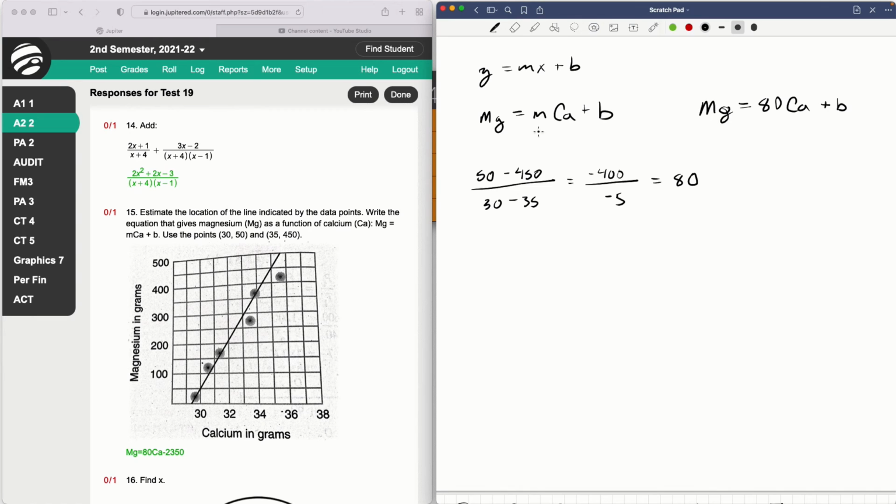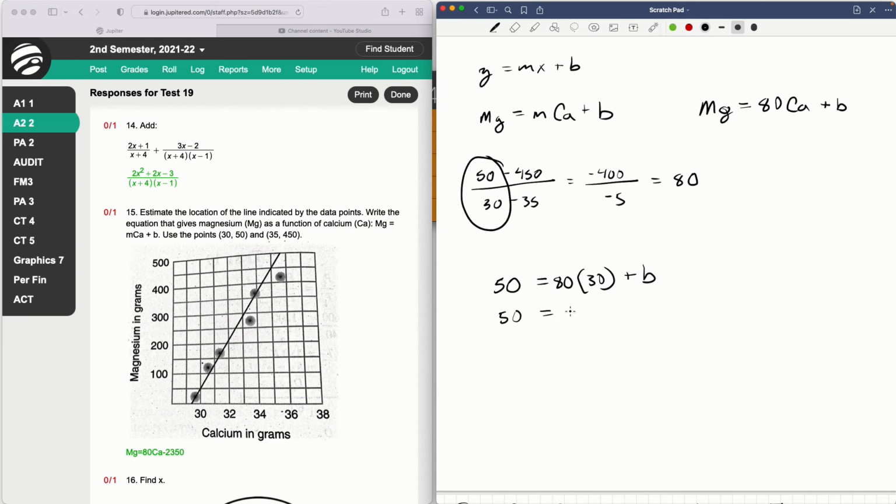Now we have to find the plus b. All we have to do is substitute in the magnesium, which is the y, and the calcium, which is the x. We're going to pick one of these points. Let's just pick this point right here, because then that's easy. So 50 is the y, equals 80 times 30, which is the x, plus b. So 50 is equal to 2,400 plus b, right?